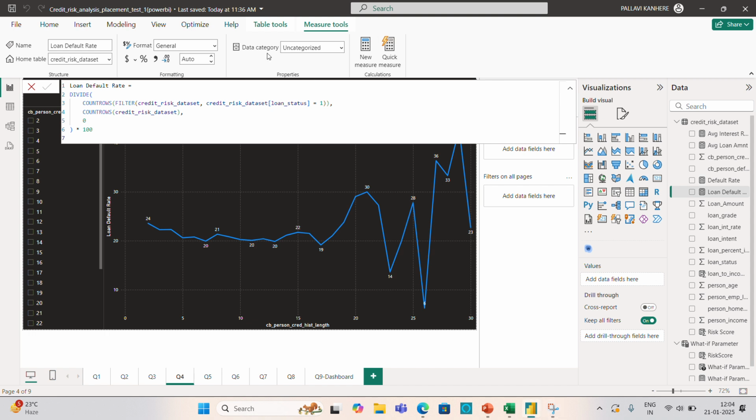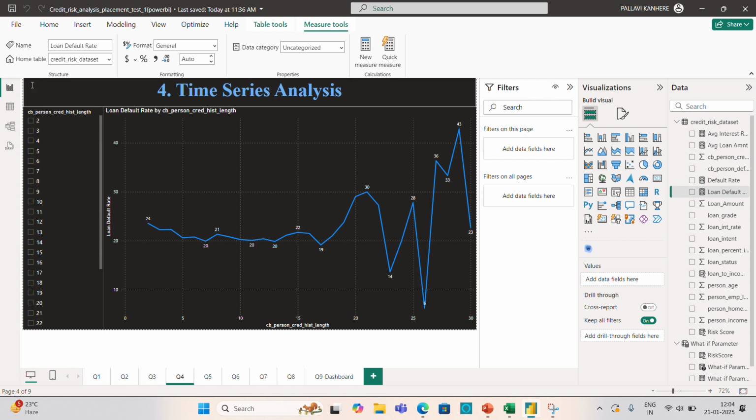After that, I created one line chart which shows the loan default rate by the CB person credit history length, and added one slicer for the CB person credit history length.